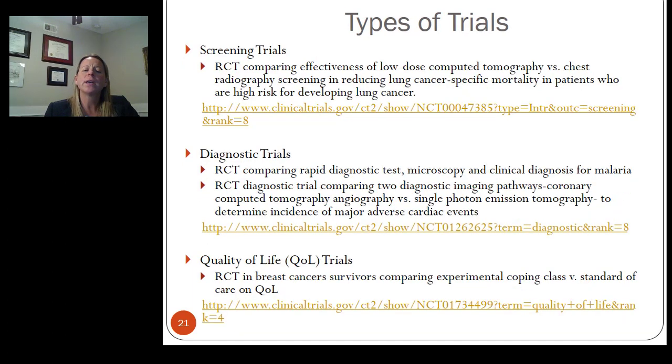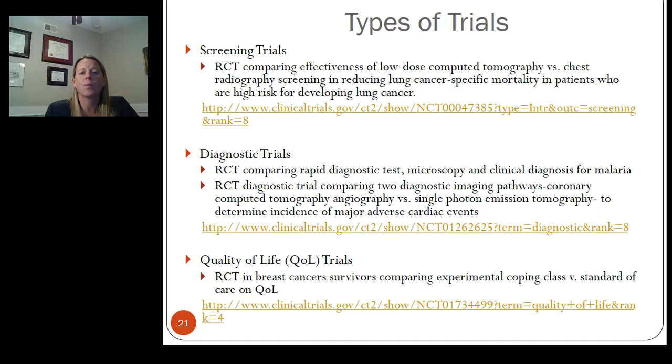We can also have screening trials where our goal there is to evaluate the effectiveness of different screening modalities for a specific measure. In the example given here, a randomized clinical trial to compare the effectiveness of low-dose computed tomography versus chest radiography screening in reducing lung cancer-specific mortality in patients who are at risk for developing lung cancer.